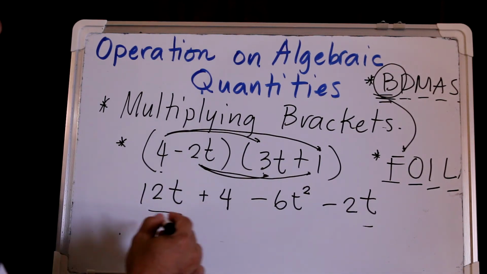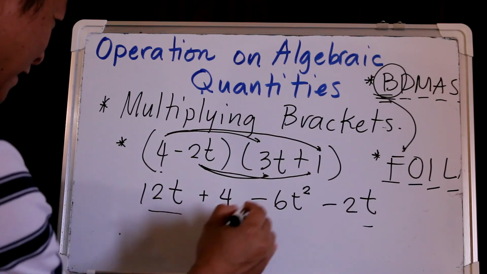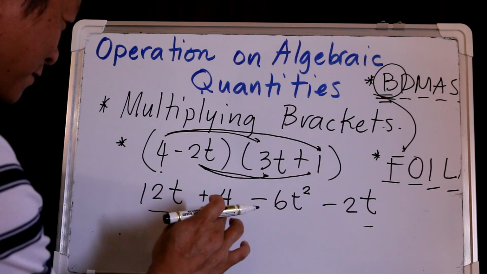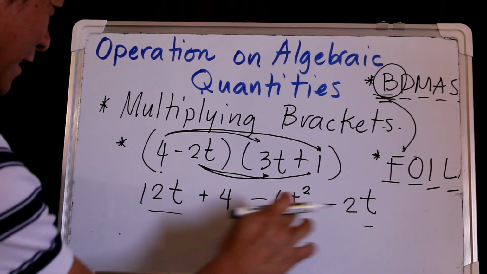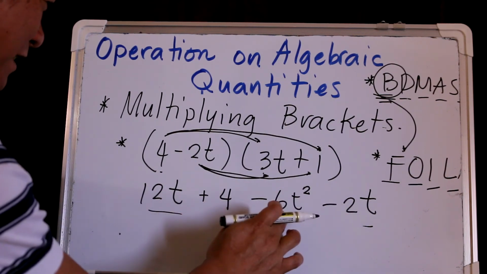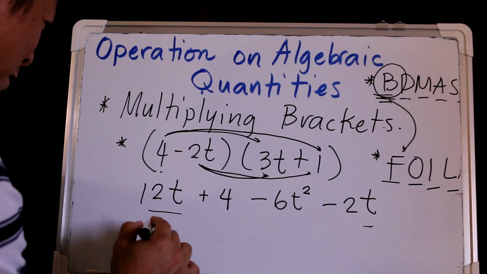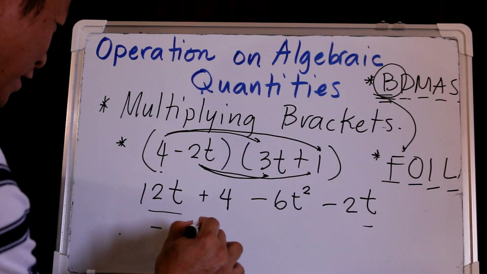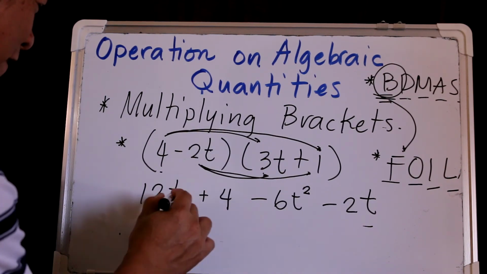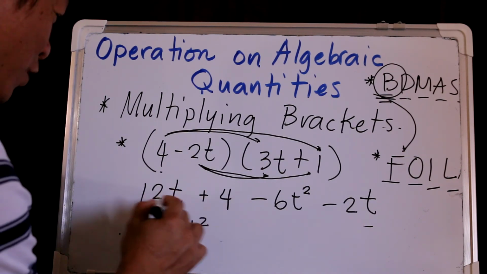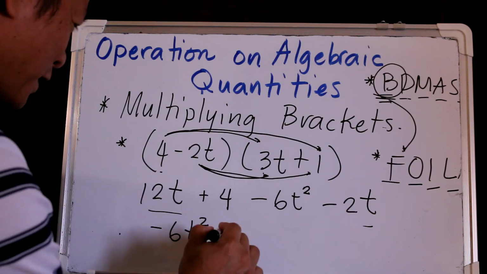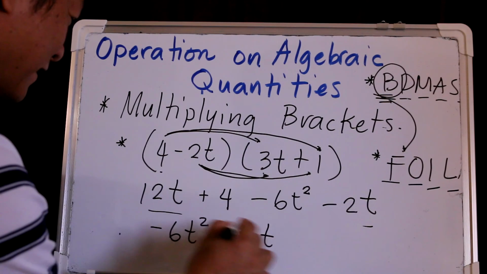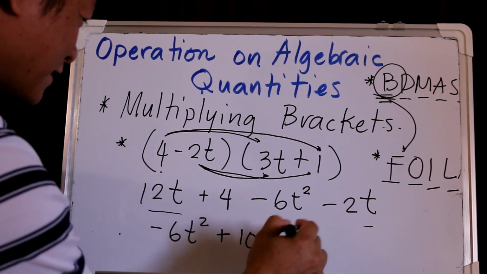Okay, by simplifying, we'll arrange also. So this 4 goes last, t goes in, and 6t squared goes first. So we will have a minus 6t squared, then 12 positive and negative 2, that gives you plus 10t, then last is 4.